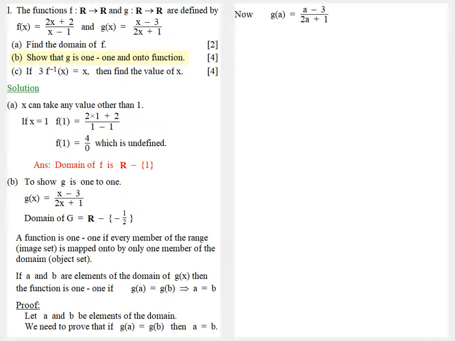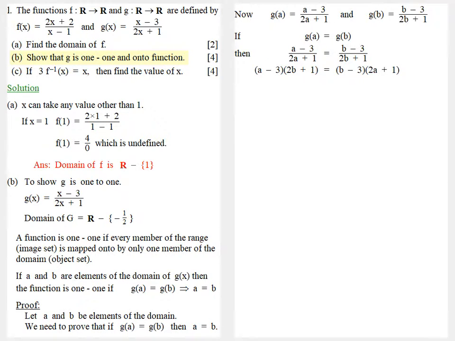We need to prove that if g of a equals g of b, then a equals b. Now, g of a equals a minus 3 over 2a plus 1, and g of b equals b minus 3 over 2b plus 1. If g of a equals g of b, then a minus 3 over 2a plus 1 equals b minus 3 over 2b plus 1.